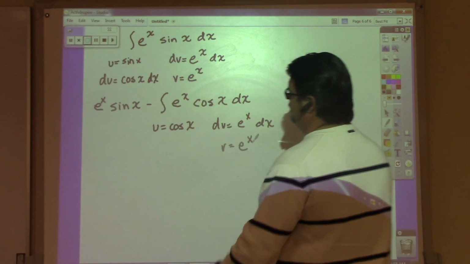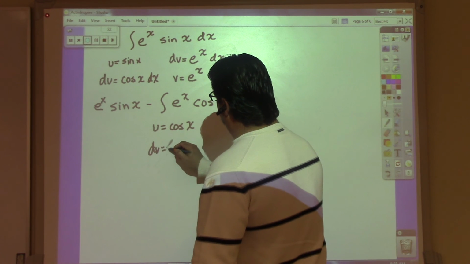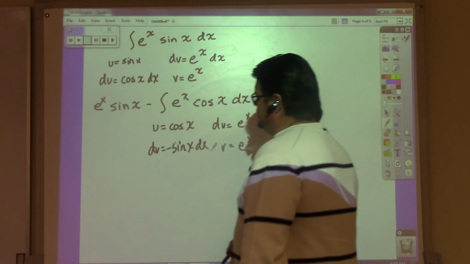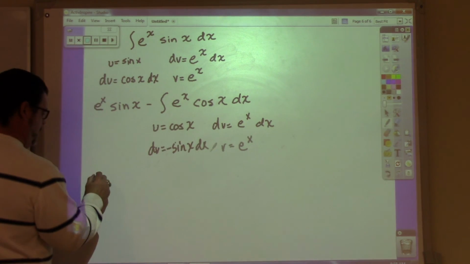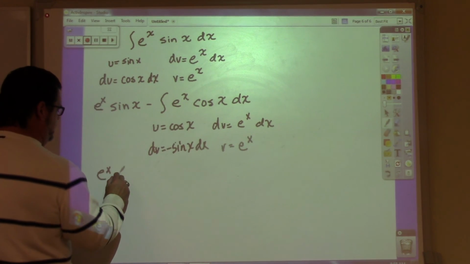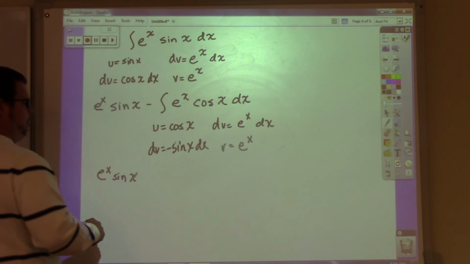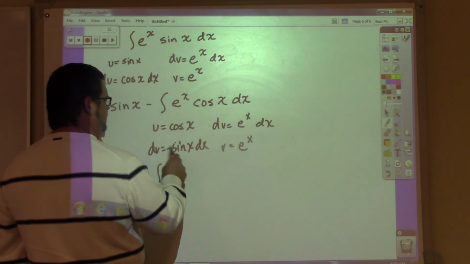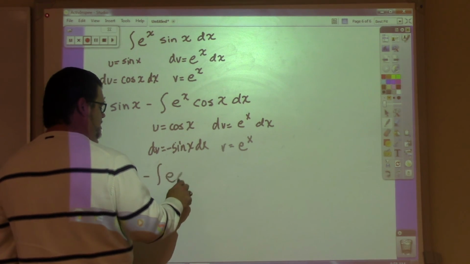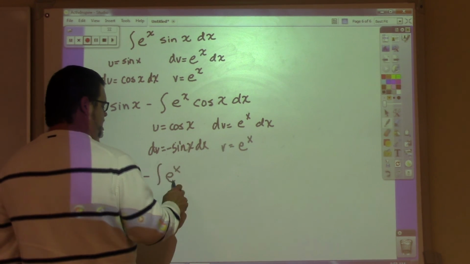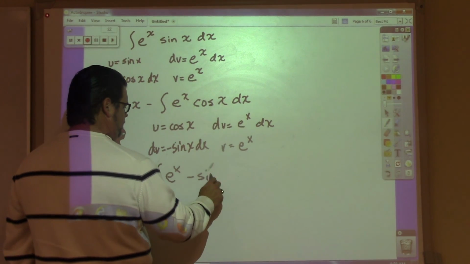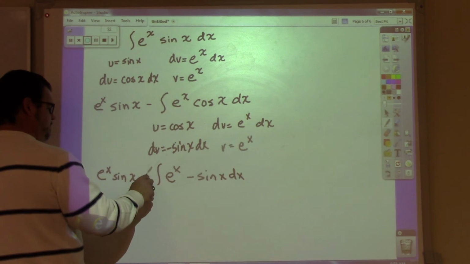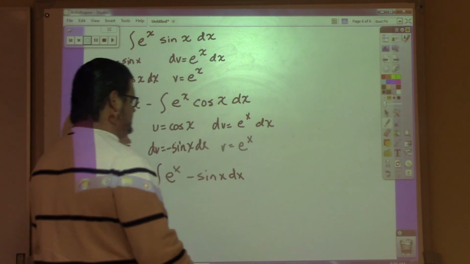Negative sine. So that's going to be e to the x sine of x minus antiderivative of v du, which is e to the x negative sine x dx. So that negative can come out and make that a what? Positive.